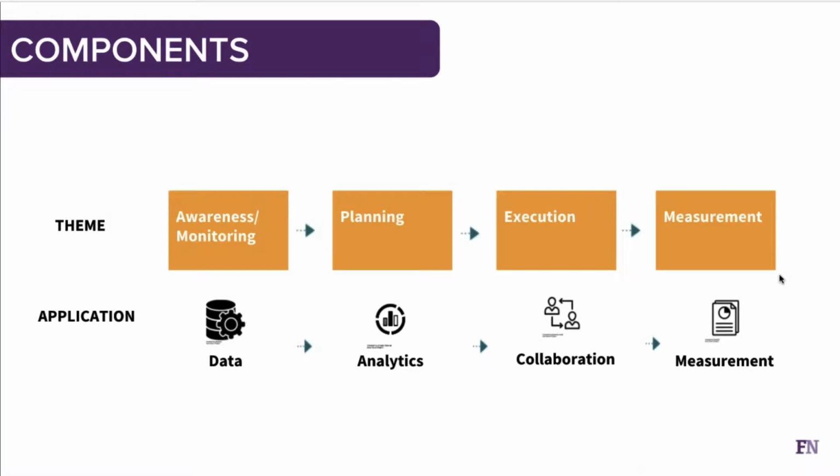But when you apply those themes to the work you actually do every day, it actually boils down to collecting data, using analytics to understand that data, collaborating with your team across that information, and then again, measurement.